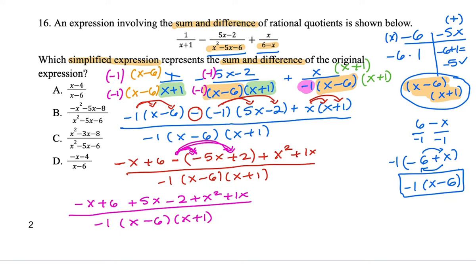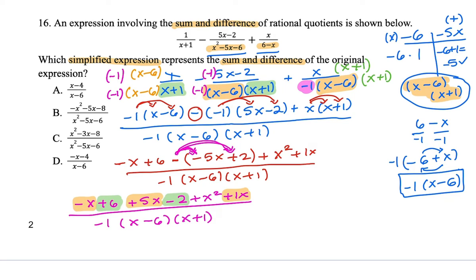Now that I'm here, I'm going to go ahead and combine like terms. So negative x plus 5x plus 1x are going to go together. And the other terms that I see that are in common are going to be the 6 and the negative 2.